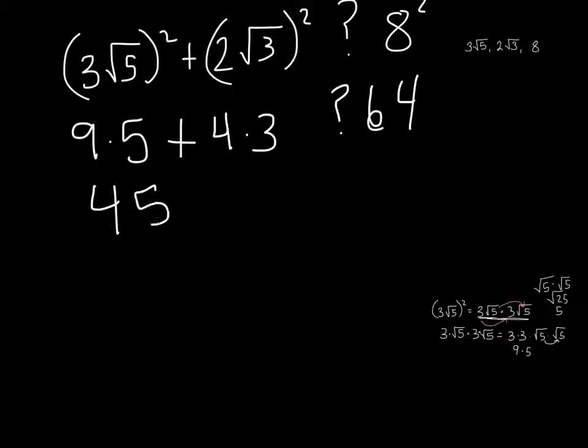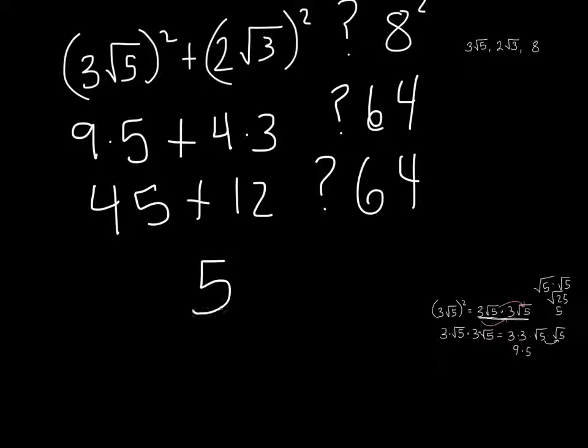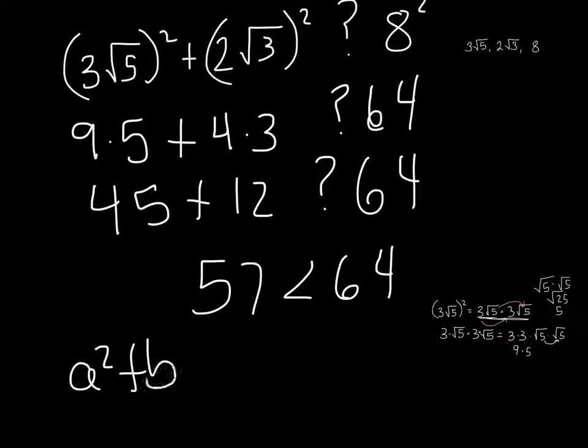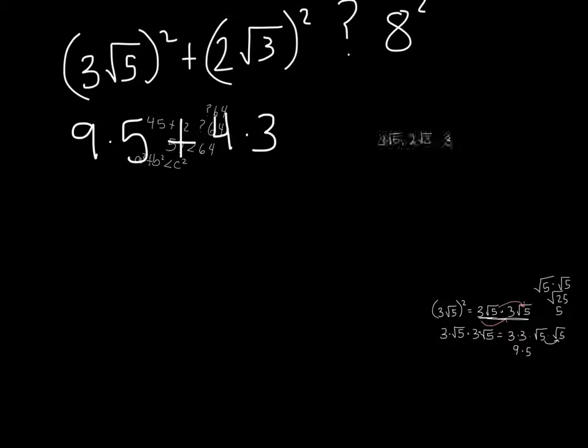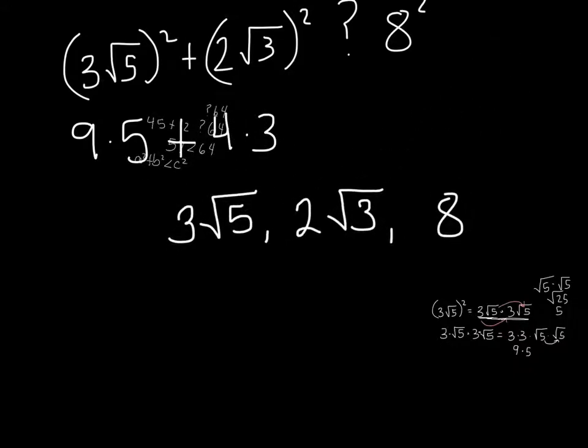So 45 plus 12, question mark 64, well, that's going to be 57. So 57 is less than 64. So in this case, a squared plus b squared, again, was less than c squared, making the triangle of those dimensions given right here obtuse.